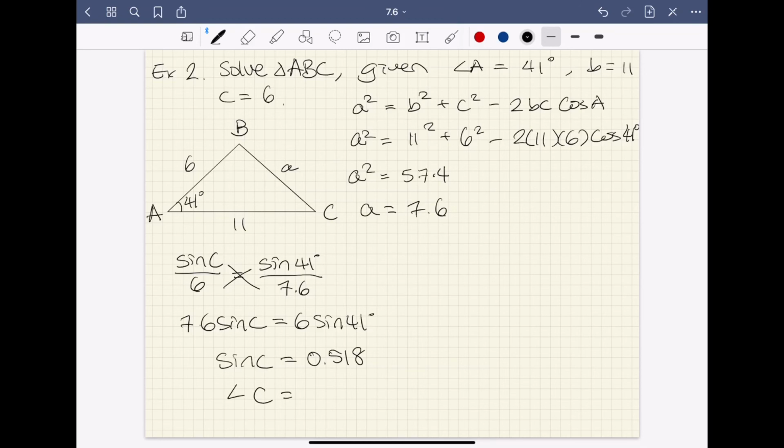And so angle C is equal to 31.2 degrees. We know angle A, we know angle C. Angle B will equal 180 minus the two angles, which is equal to 107.8 degrees.